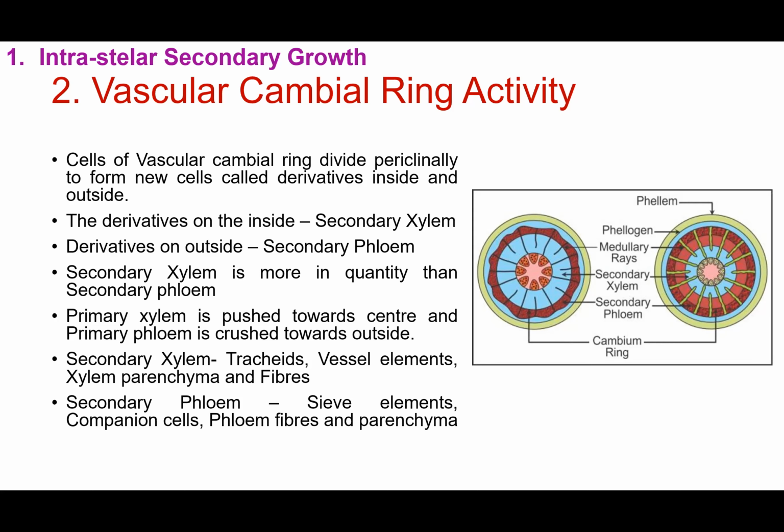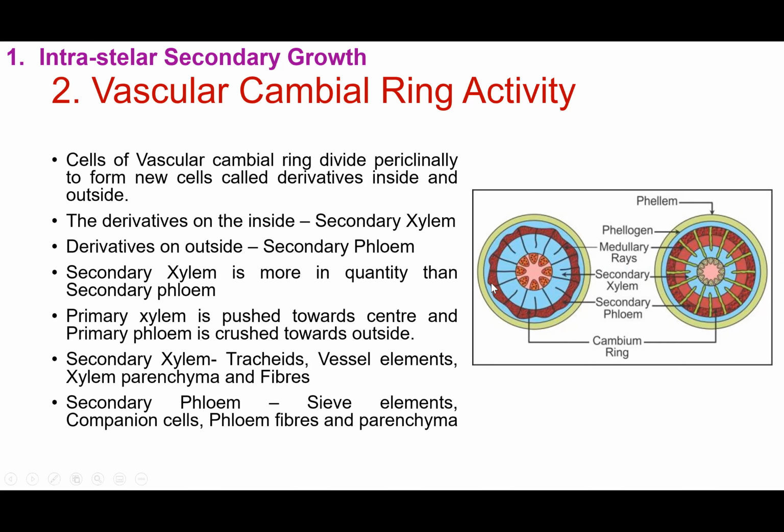So the vascular cambial ring cells start dividing periclinally to form new cells inside and outside. The cells which are forming on the inside are secondary xylem, and the derivatives on the outside are secondary phloem.